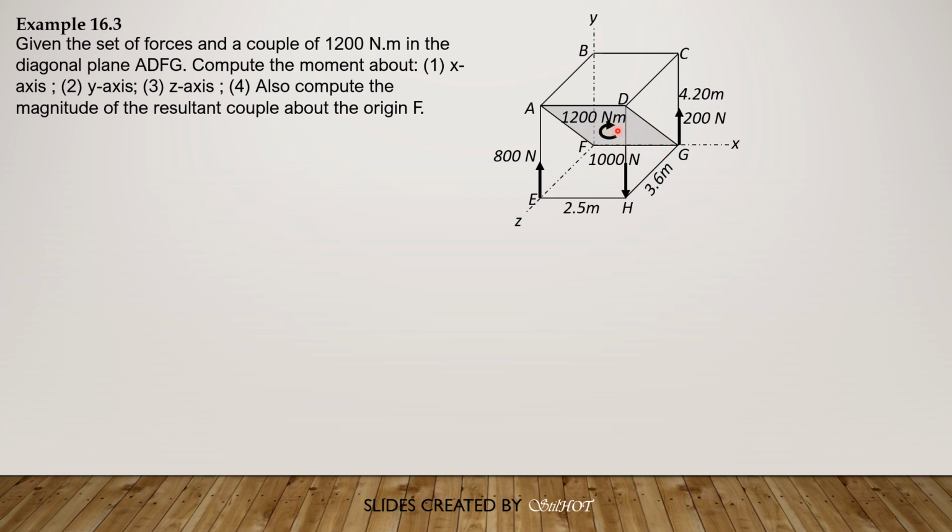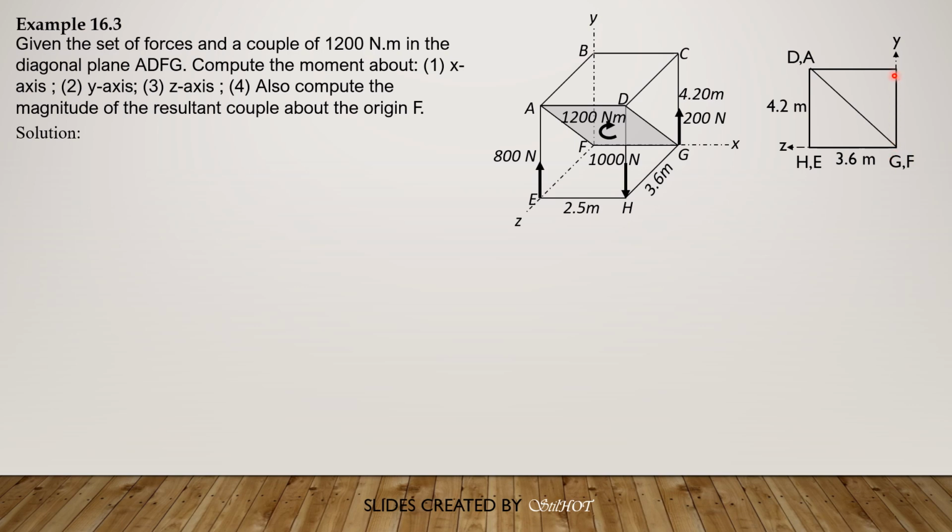Then we have this couple here on the plane ADGF. If you curl your four fingers, your right thumb will be perpendicular to the plane ADGF, in that direction. So if we position ourselves on the positive x-axis, we can clearly transform the 1,200 Newton meter couple into its y and z components.